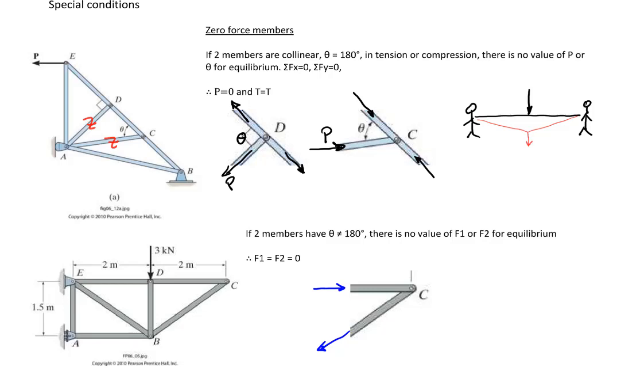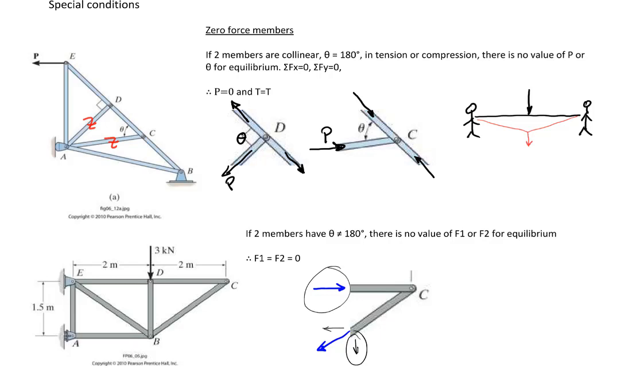In other words, there would have to be components in this direction and this direction, meaning there's a y component here, but because there's no y component associated with this member here, there can't be any force in these members for it to stay in equilibrium.